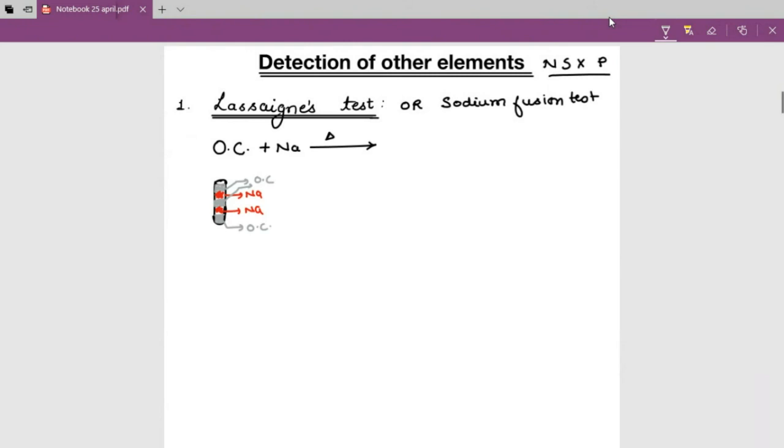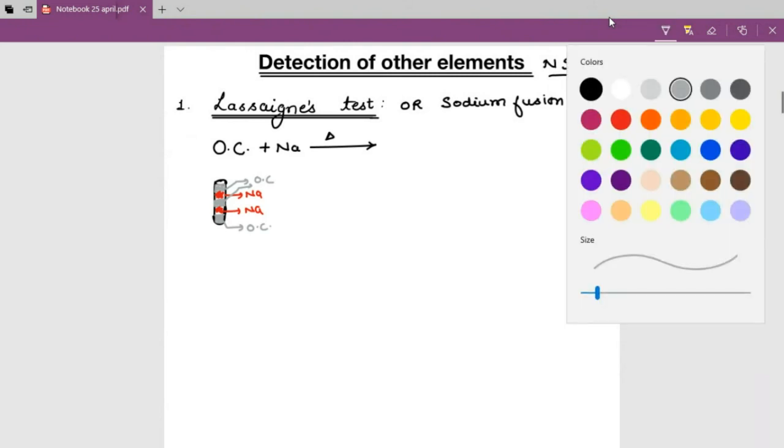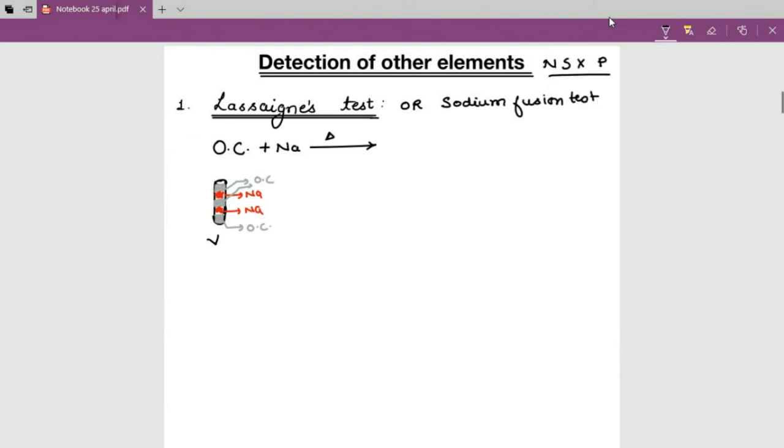Now we start heating it on the flame directly. We heat this whole thing in the flame directly, of course, with the help of a test tube holder. Then next step, when it becomes red hot, the whole tube will become hot.